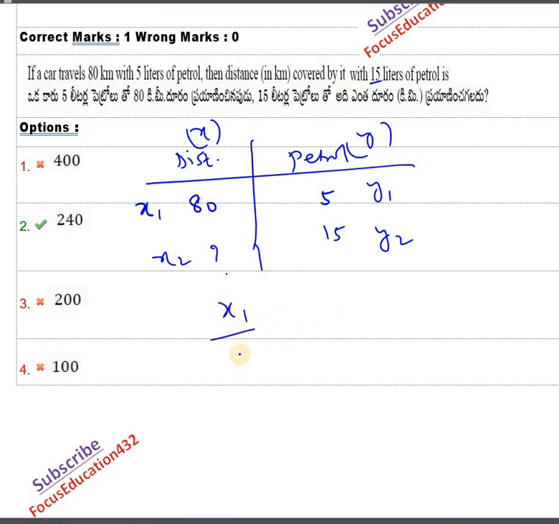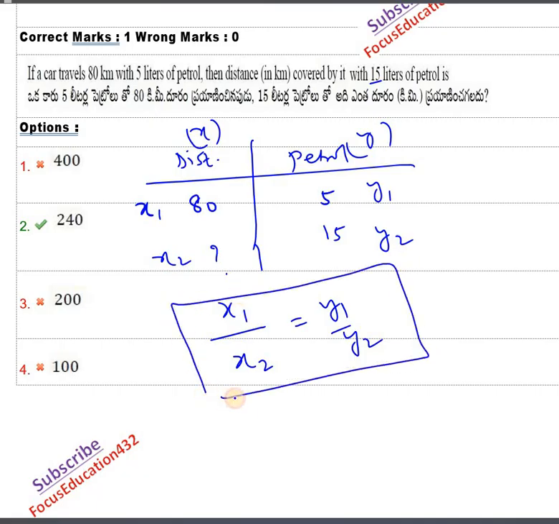You have to remember the formula for direct proportion: x1 by x2 is equal to y1 by y2. This is actually important. First you have to identify direct proportion or indirect proportion. Then you have to remember the formula. So x1 is 80, x2 we don't know, y1 is 5, y2 is 15.